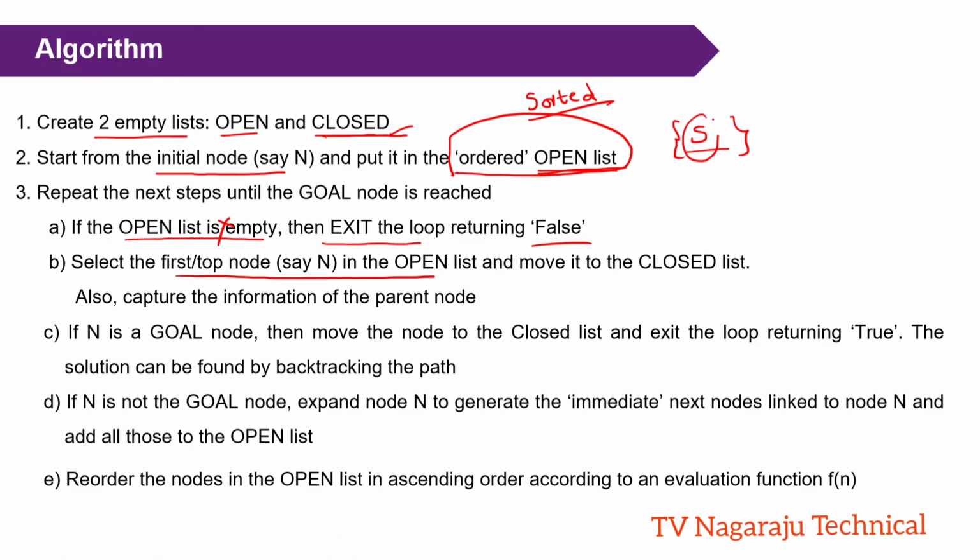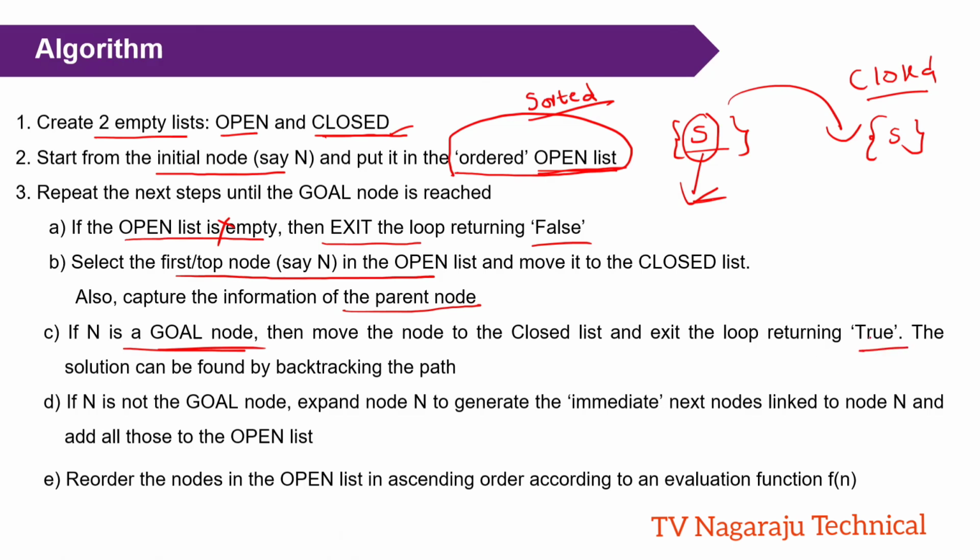Once you select any node, that node is visited, and immediately the visited node is placed in the closed list to avoid revisiting, and then capture the information of the parent node. And if the node you visited is the goal node, your search operation is successfully completed.